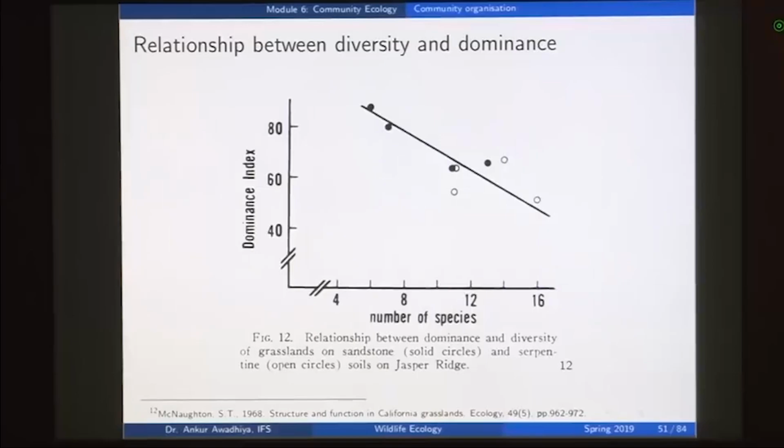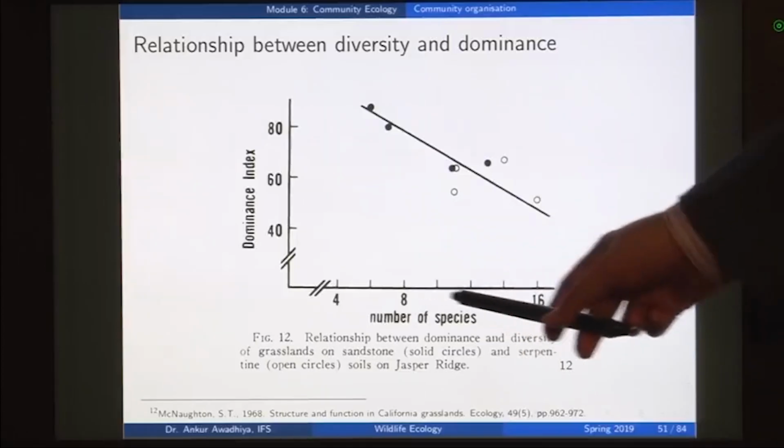Here again we will say that the amount of biodiversity in this community is less. Why? Because if you go anywhere, you will find either individuals of species 1 or individuals of species 2. So, the more is the amount of dominance, the lesser is the biodiversity.